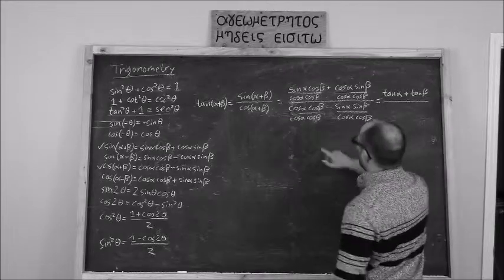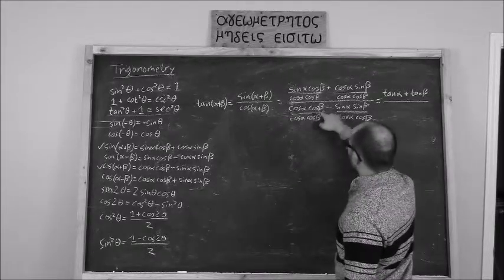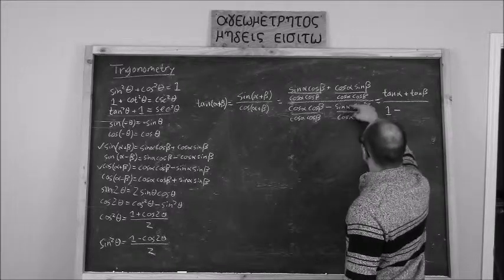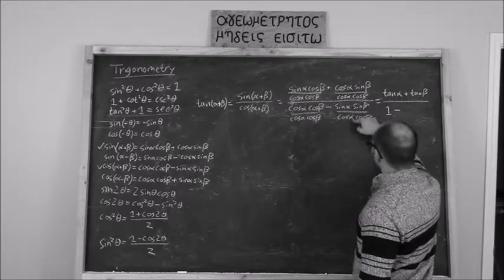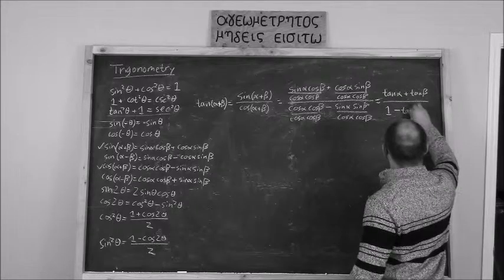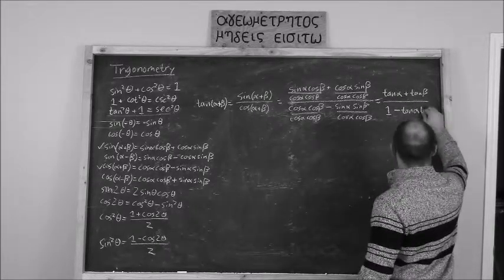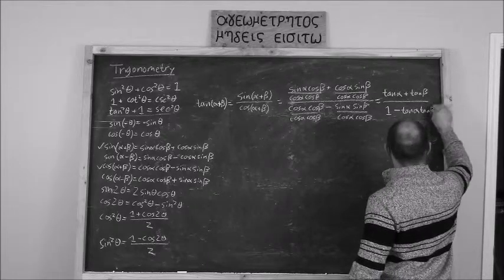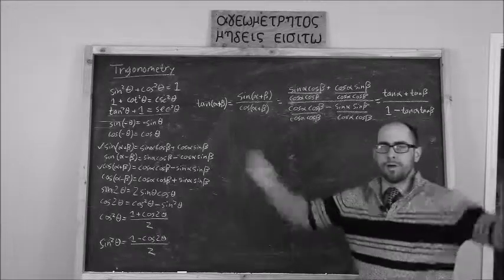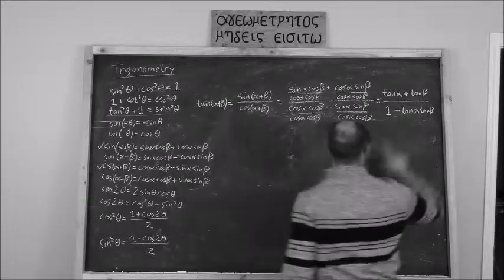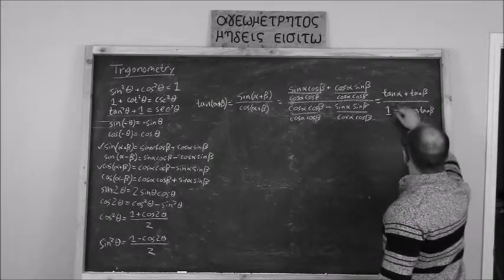Now cosine alpha cosine beta divided by itself is equal to 1, minus sine alpha over cosine alpha is tangent alpha, sine beta over cosine beta, tangent beta. So, boom, we have tangent of alpha plus beta is equal to this.